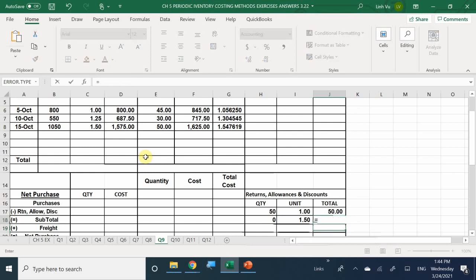Okay, let's try that again. So 150 times 1.50 should give you 225, right? 225 times 25%. Anybody else got something different? Maybe did you multiply by 20% instead of 25? I'm not sure what I did.